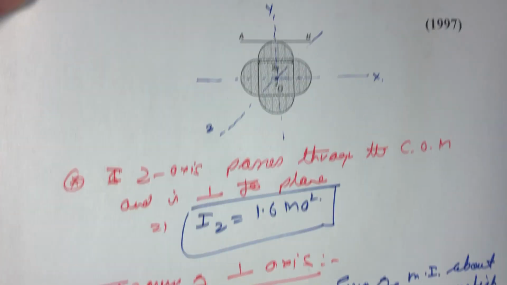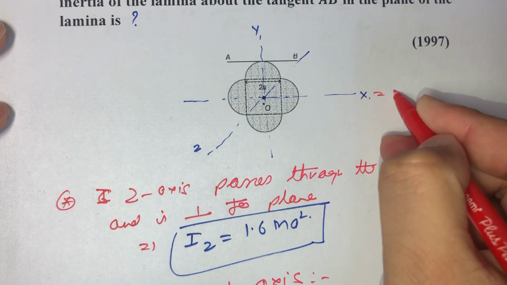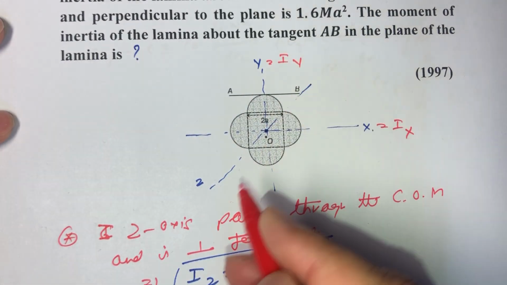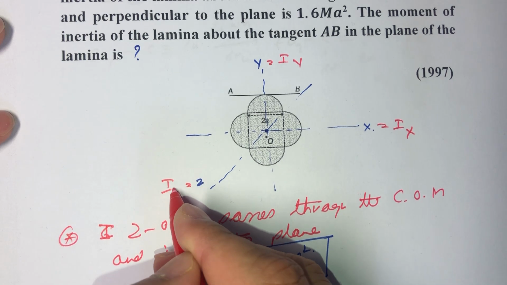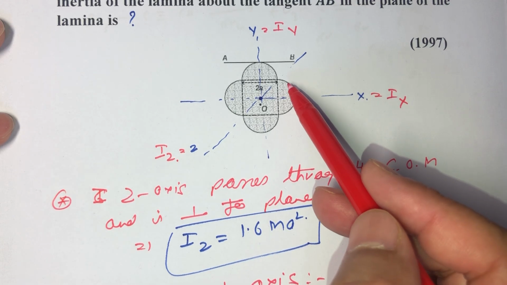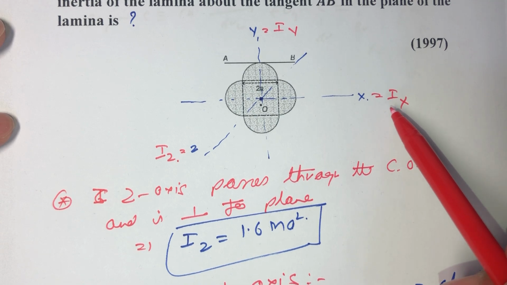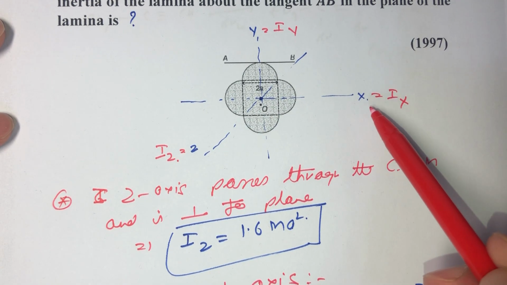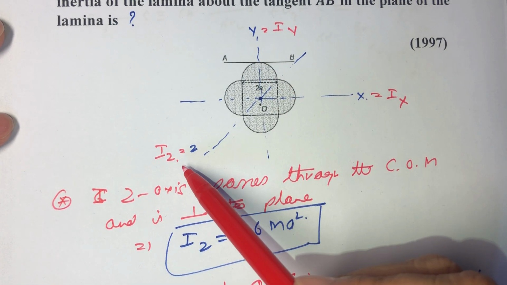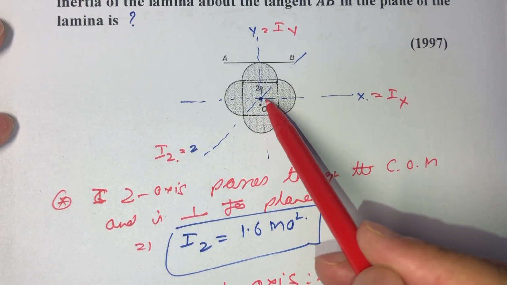So we have three axes, x, y and z. So moment of inertia along x-axis let us suppose is called as Ix. Along y-axis we are going to call it Iy, and along z-axis it is Iz. So therefore moment about the perpendicular axis, that is z-axis, will be equal to the sum of the moment of inertia of the two axes which are perpendicular to each other. Here the two axes which are perpendicular are x-axis and y-axis, that is Iz will be equal to sum of Ix and Iy, and all the three passing through the same center of mass.